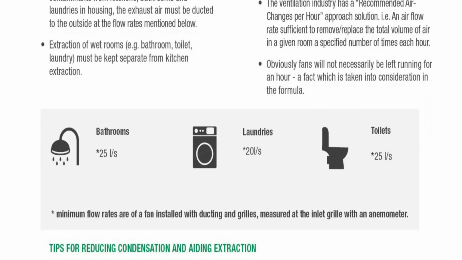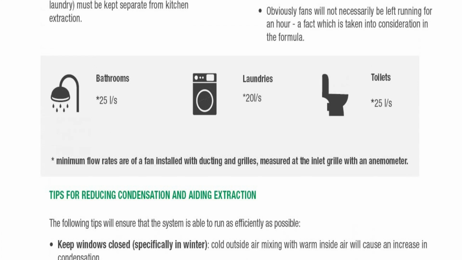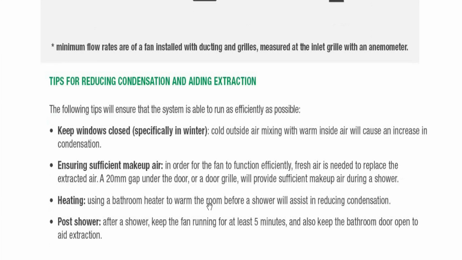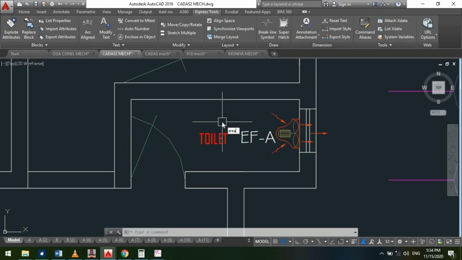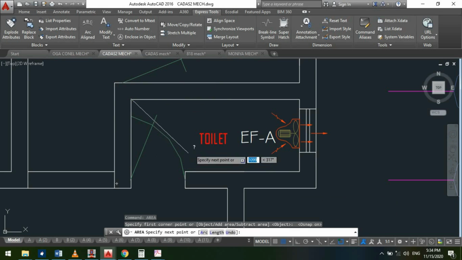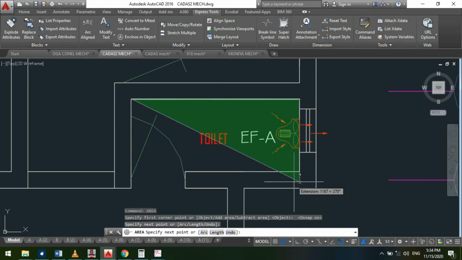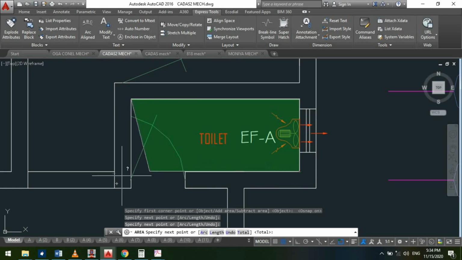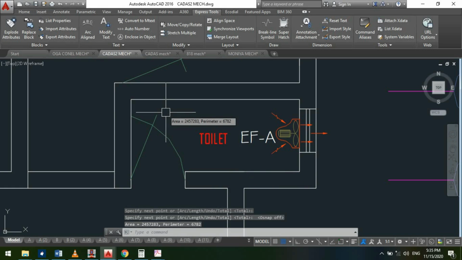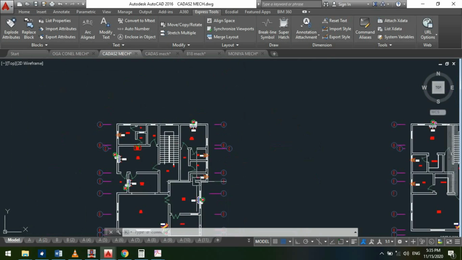In order to be able to apprehend this principle, let's take this space as a case study. We determine the area first. Since we are using a 2D software, so our area for this place is 2.5 meters square, and our building height, you need to go to the elevation given to you by the architect.